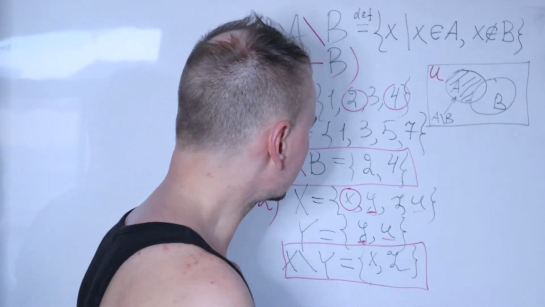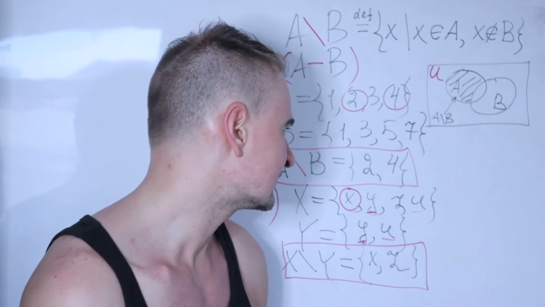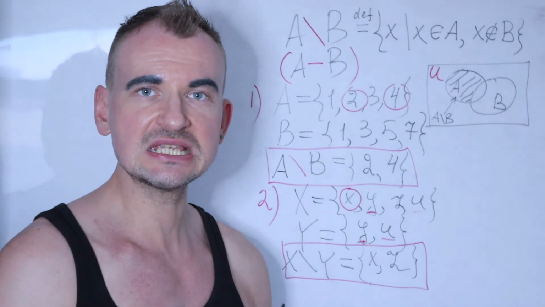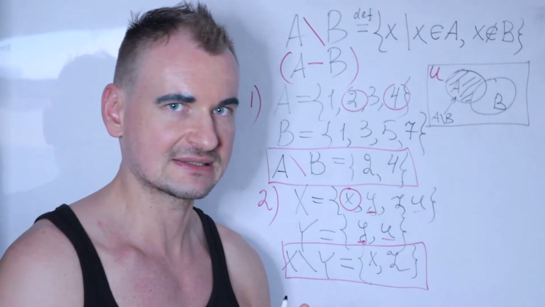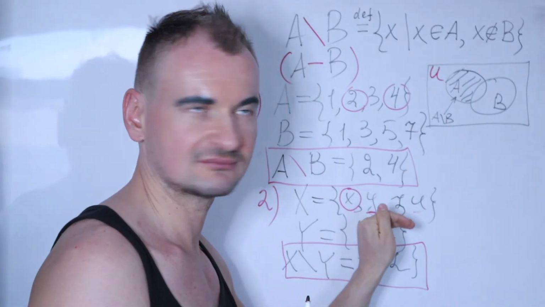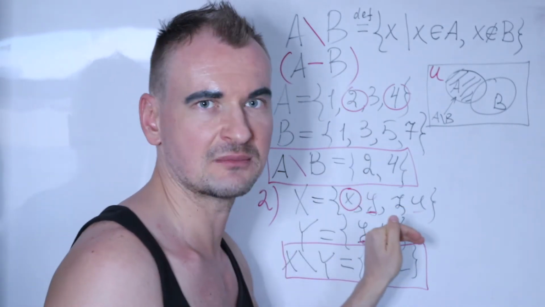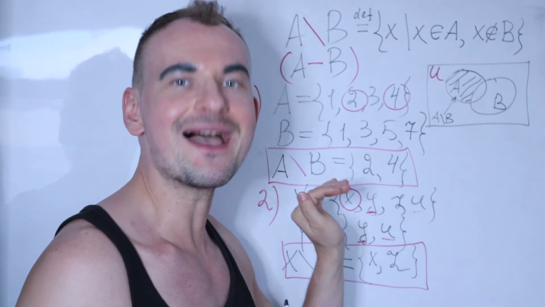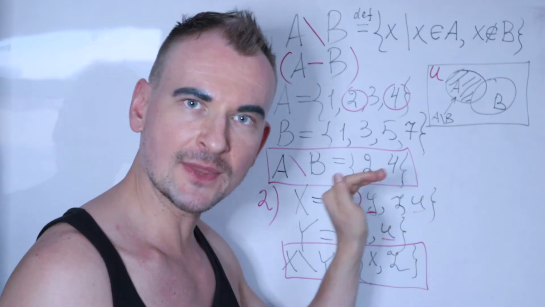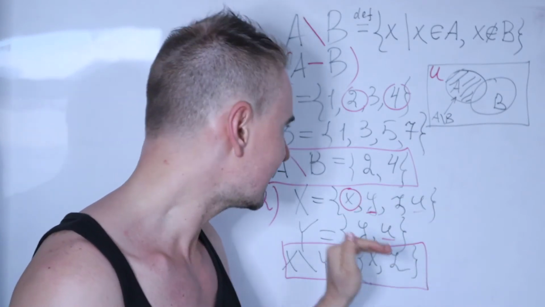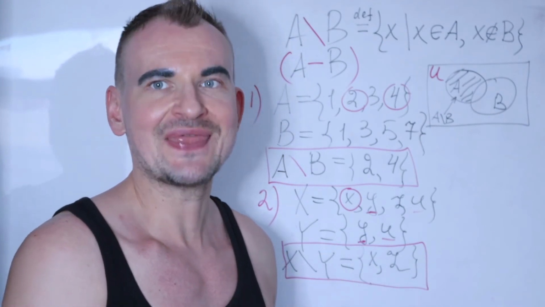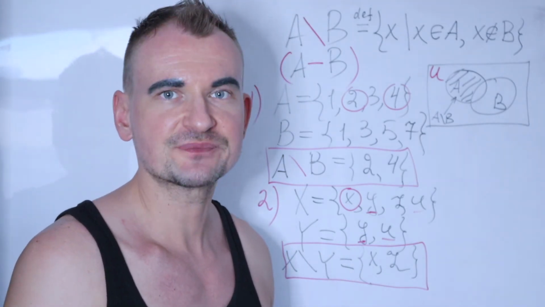So this is your difference for the second example. Again, the idea is you look for the elements that are in the first set, let's say A or X, it doesn't matter. They are in the first set, but they are not in the second set. And that gives you the difference between these two sets.